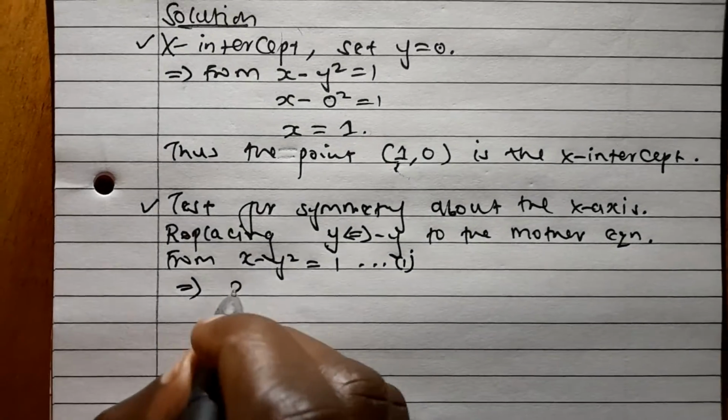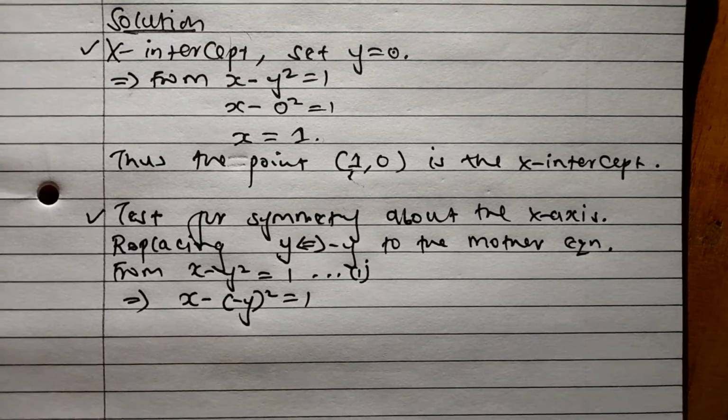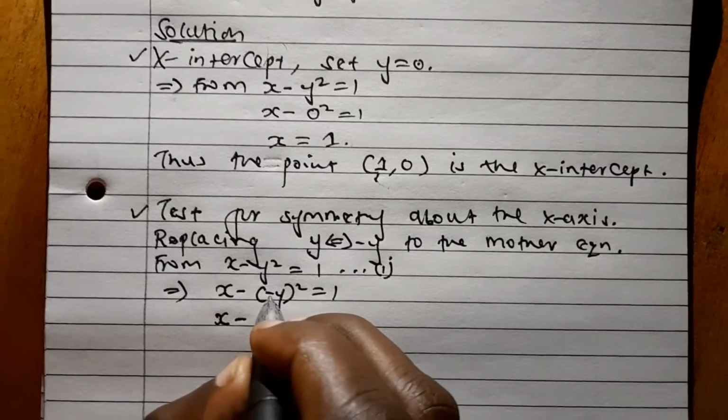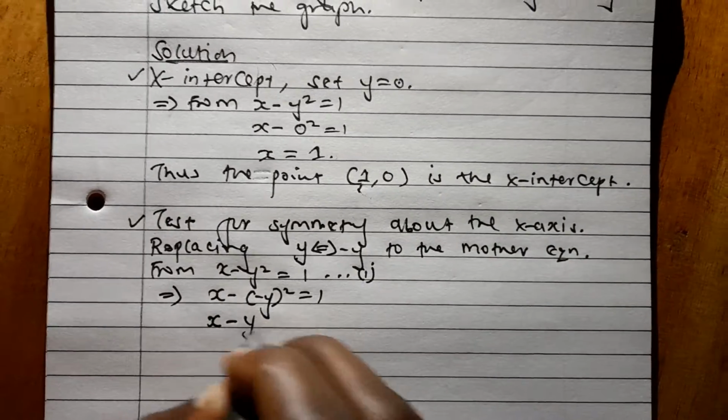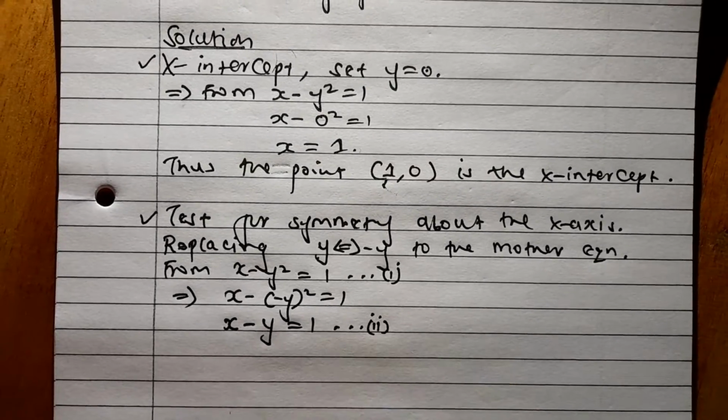It implies x minus negative y squared is equal to 1, and this gives x minus y squared is equal to 1. So this is the resultant function.